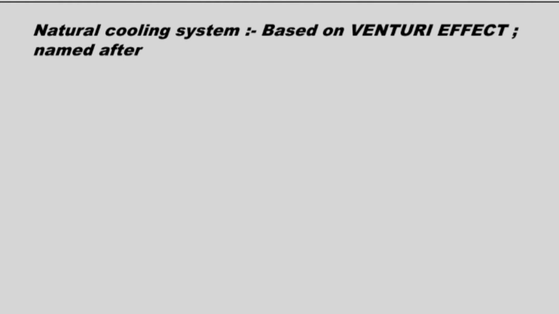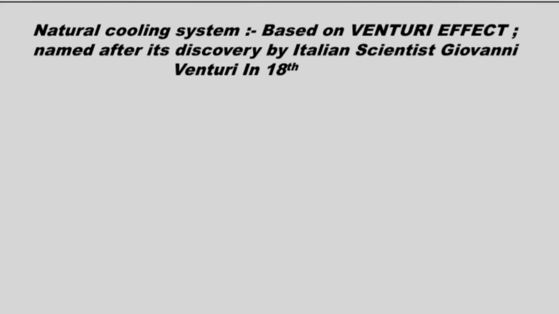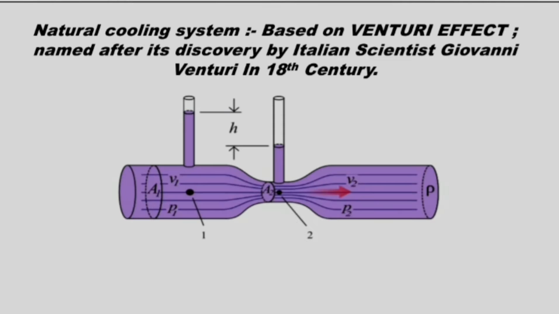The natural cooling of Hawa Mahal can be scientifically explained by the Venturi effect, named after its discoverer, the Italian scientist Giovanni Venturi, in the 18th century. The Venturi effect is the reduction of fluid pressure when it flows through a narrow section of its path.